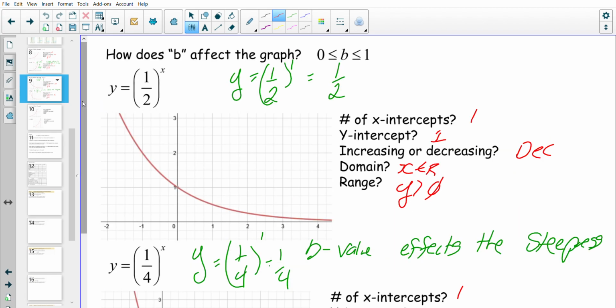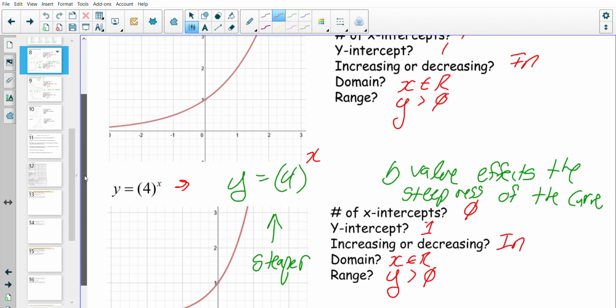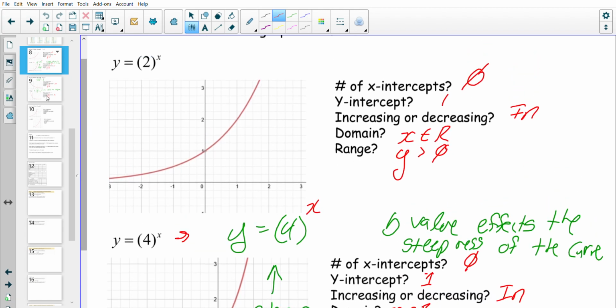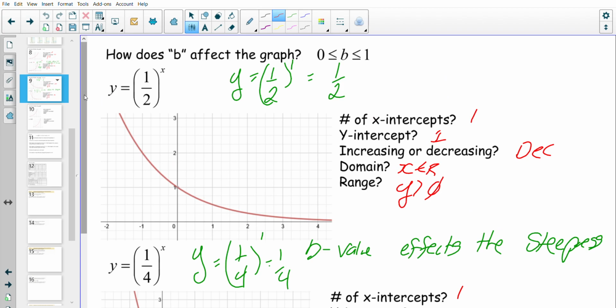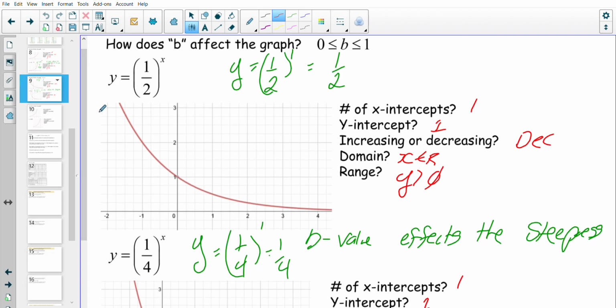The b value also affects the direction of the curve. So if we have a whole number as our b value, we're going to be increasing, and the bigger our whole number is, the steeper our exponential curve is. The b value affects the steepness of the curve when our base is a fraction or decimal as well.